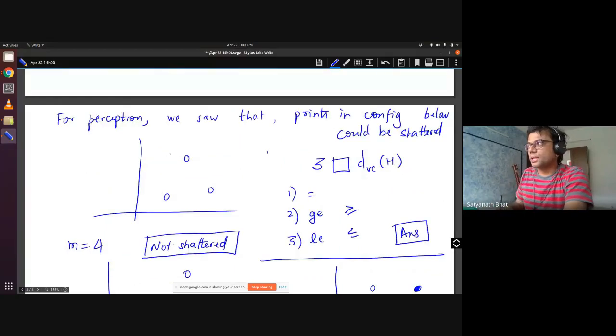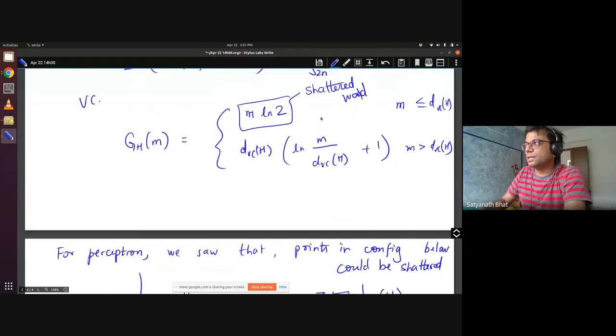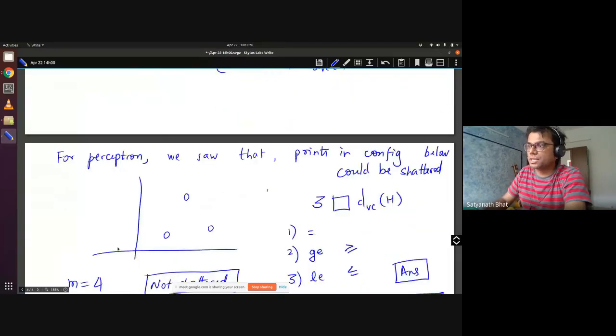When you are in this world, we are saying that there exists a configuration, this configuration for example, which you could shatter. In the 3 world itself, if the 3 points were lying in a line, we couldn't shatter it, but that doesn't matter.